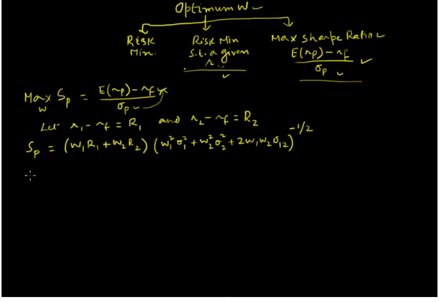What we are going to do now is to take the partial derivative of the Sharpe ratio with respect to W1. So let us start doing that here. If you look at this function now, you see that it's a product of two functions. So we are going to have to invoke the product rule of differentiation.